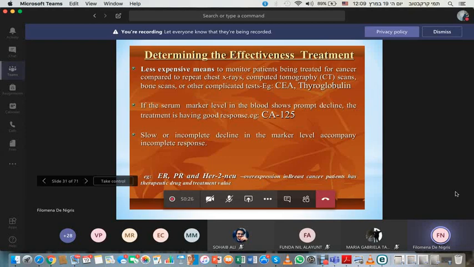We will talk later about how we can use the presence of estrogen and progesterone receptor to stratify breast cancer patients, and how to use this kind of marker to make the right decision about the treatment of patients.